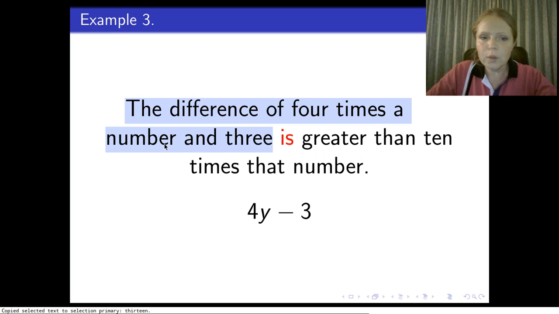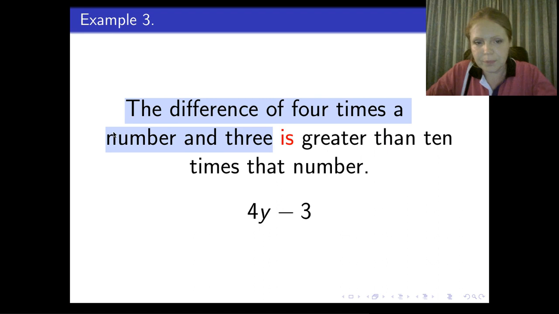The blue one is the left side, the difference of. The difference means we do subtraction, minus. Difference of what? 4 times a number. We don't know the number, so this is a variable.